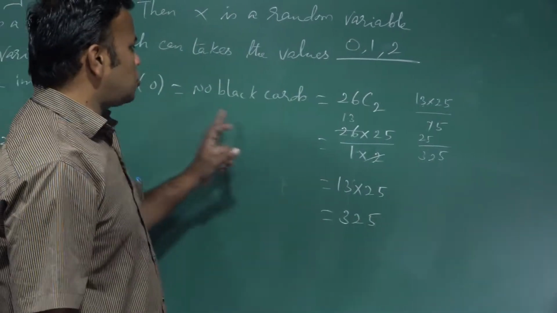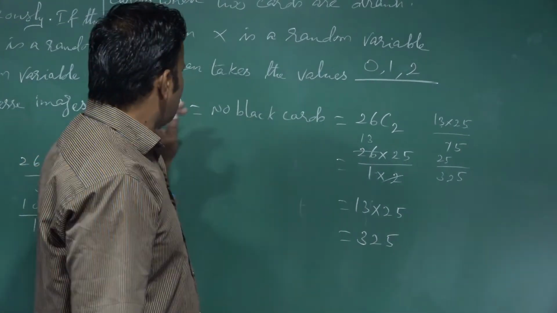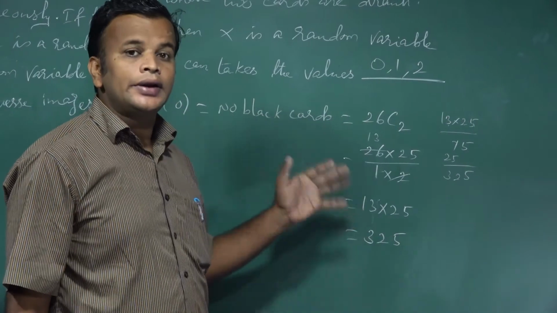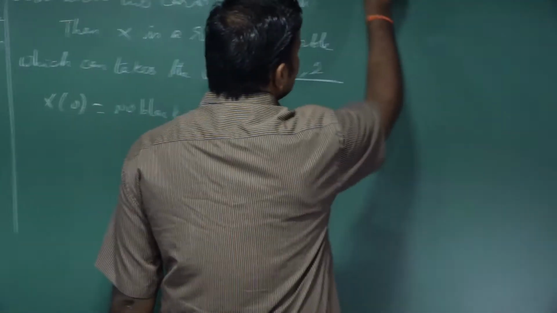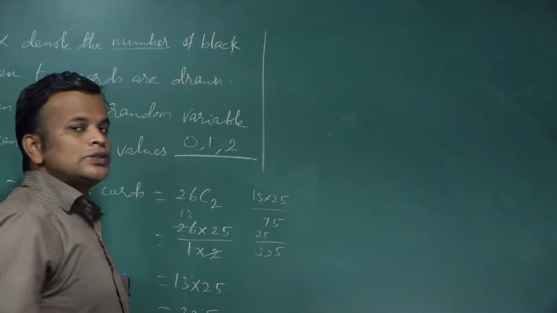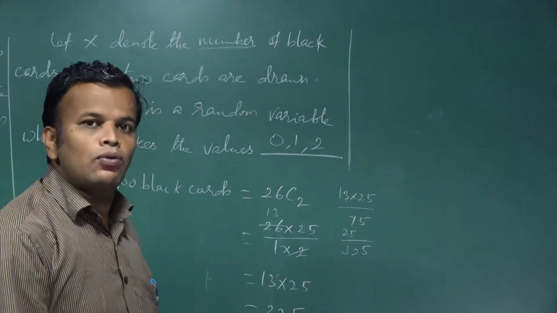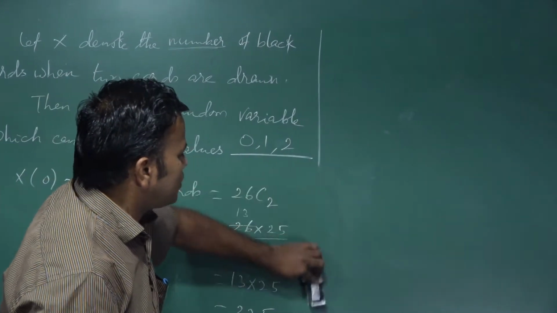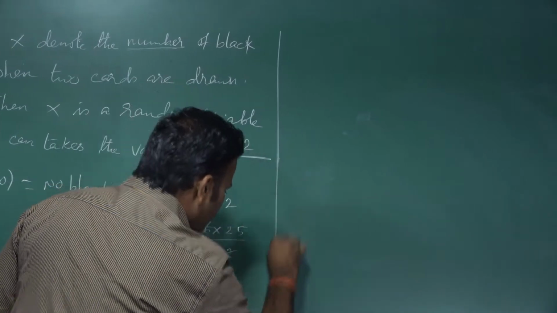So the X of 0 value is over, that is, no black card is over. Next one, X of 1, is important. X of 1 means one is a black card and another one is a red card. So now we write X of 1.